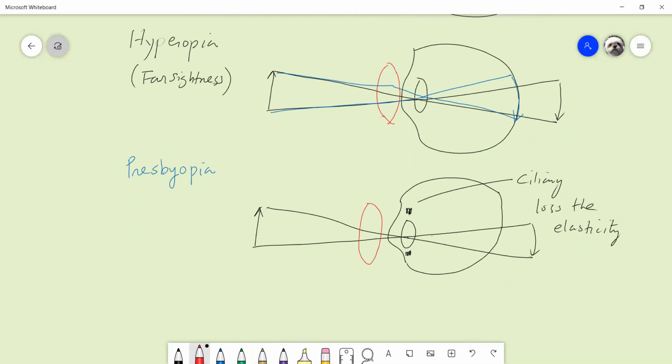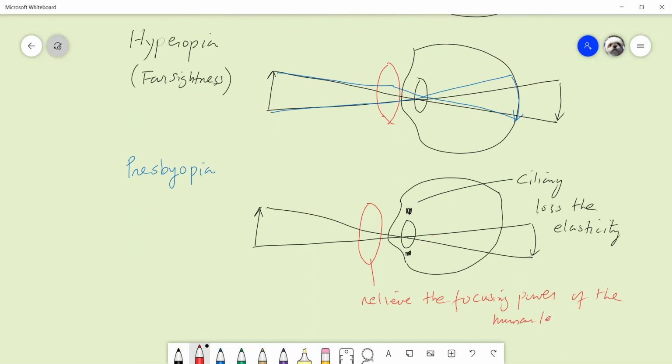To replace that focal problem, the convex lens in front relieves the focusing power of the human lens. You understand what I'm saying?